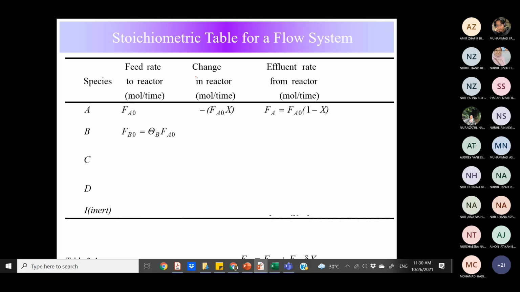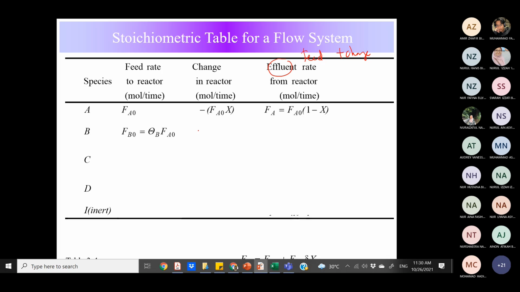this one, feed and change. Okay, ni macam Stoichiometric Table tapi for a flow system. Okay, so ni flow ni adalah sebenarnya feed dengan change. Okay, remember kita akan tengok pada ni kan. Alright, so FA naught minus FA naught X, so kita dapat FA.